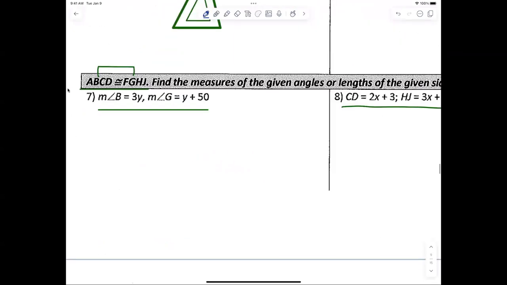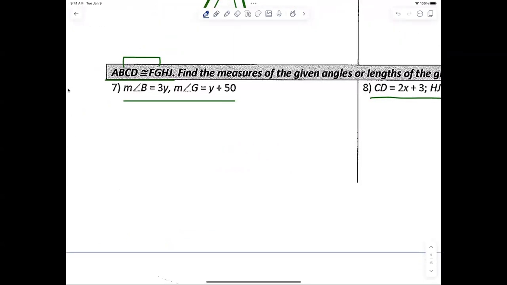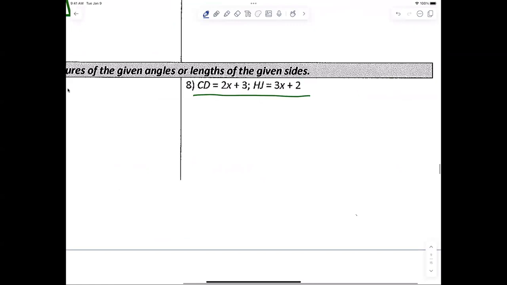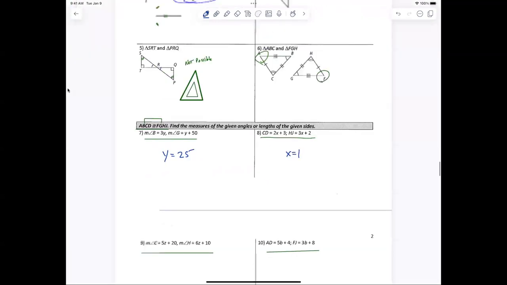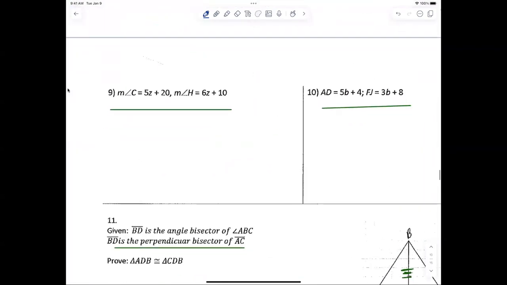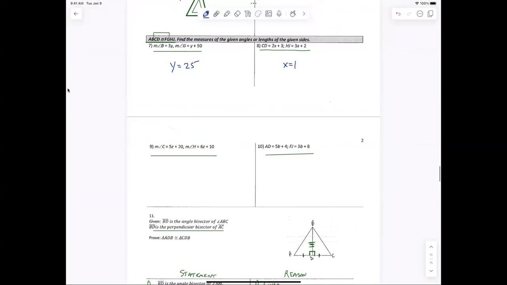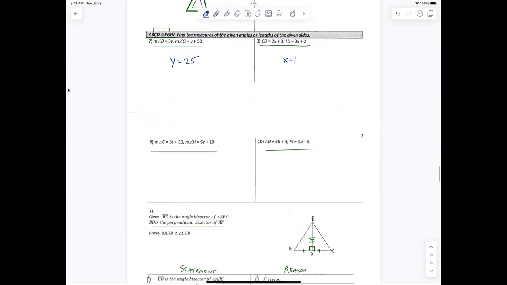Okay, here we go for y equals what? Do I have a problem with that? Over here, x equals 1. Do we agree? Angle C is congruent to H, right?